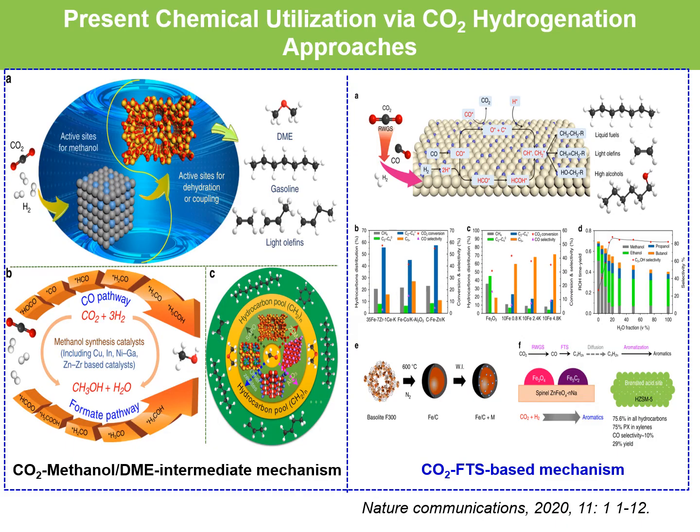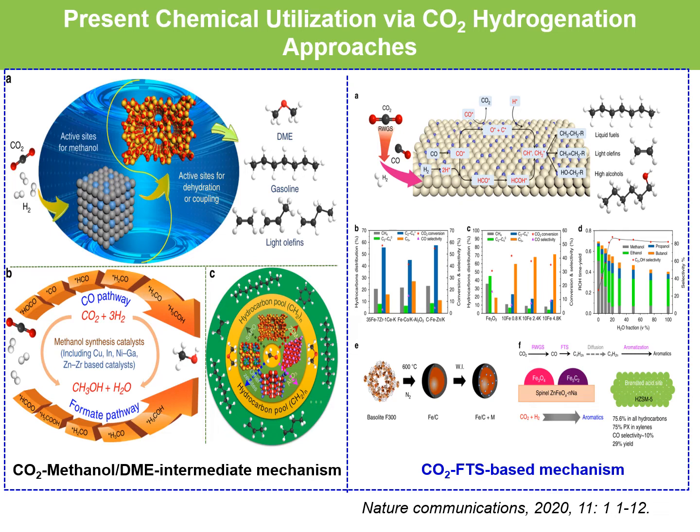Actually, at present, for the chemical utilization via CO2 hydrogenation, there are two routes. Firstly, they can transform CO2 to methanol and DME, and then transform to gasoline or light olefins or other heavy carbons, using methanol and DME as an intermediate.